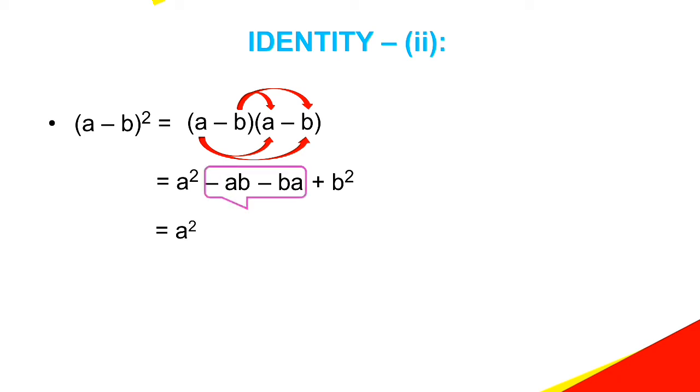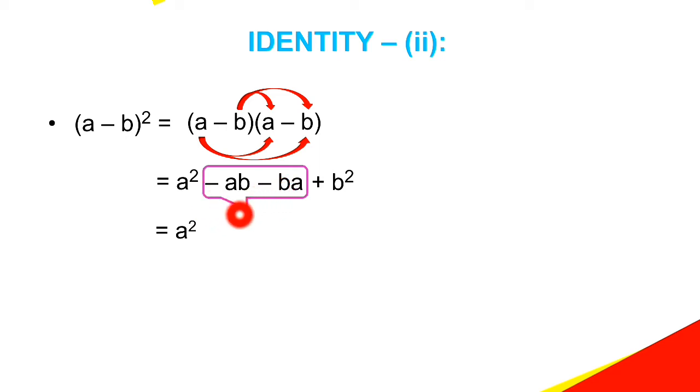Here we can see minus AB minus BA. According to the commutative property, what can we write? AB is equal to BA. So instead of BA, can we substitute AB? So minus AB minus AB. If both are negative terms, what do we have to do?